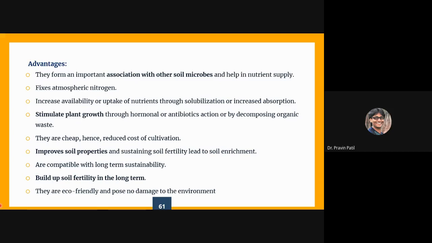Plants are growing, fungi are also growing. This is how the system becomes sustainable. They fix atmospheric nitrogen, which is a very important part. They also stimulate plant growth while improving the soil properties. They enhance biofertility and cause no damage to the environment.